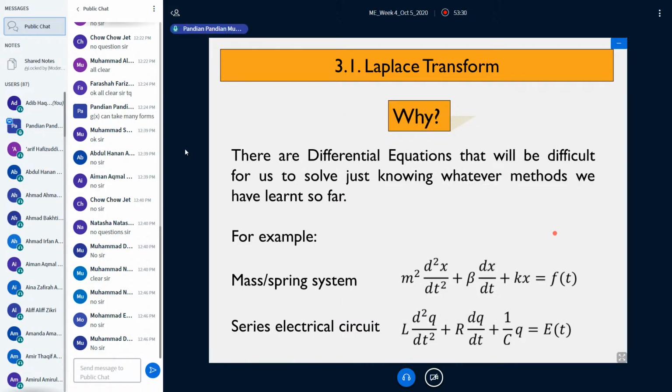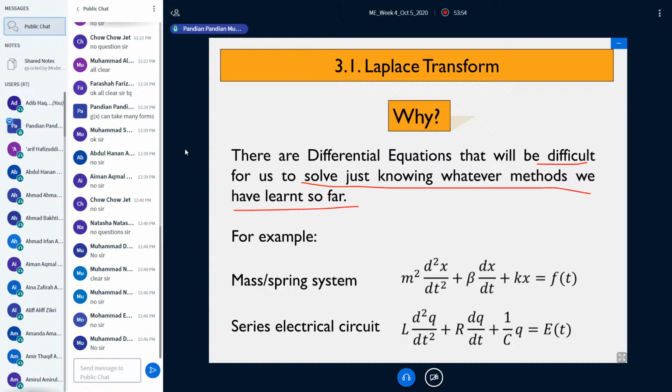This is why the Laplace transform was developed, to solve engineering problems. There are differential equations that are difficult to solve with the methods we have learned so far.